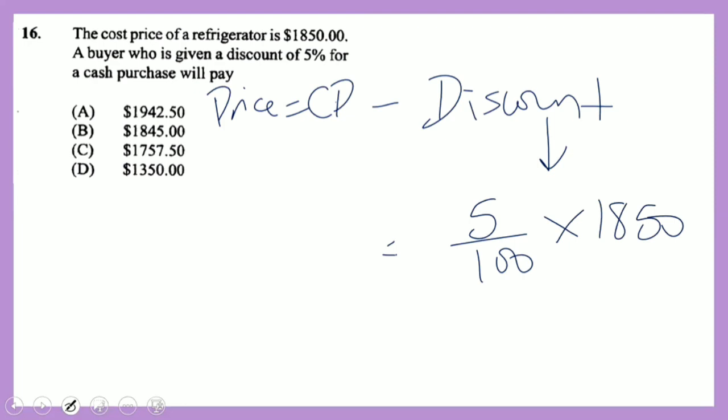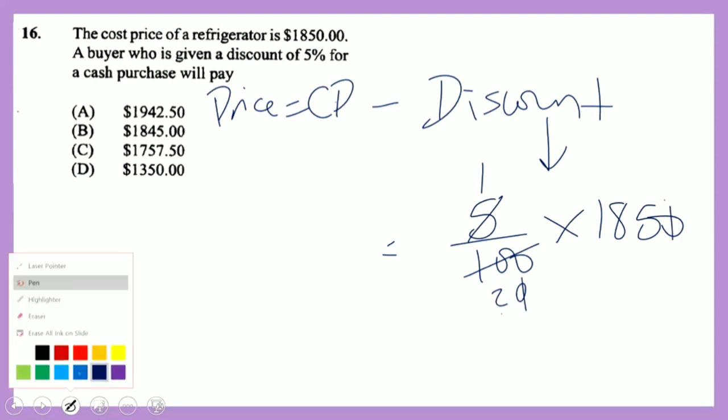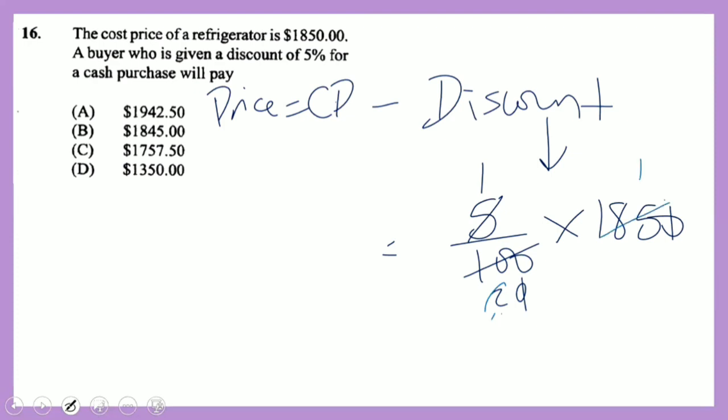All right, so you go ahead, 5 into 100, that's 20. You can divide both of these numbers by 10, and then dividing 2 into 185, we're going to get for our discount 92.5. It's dollars, and so we say $92.50.